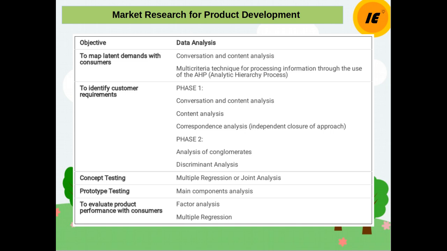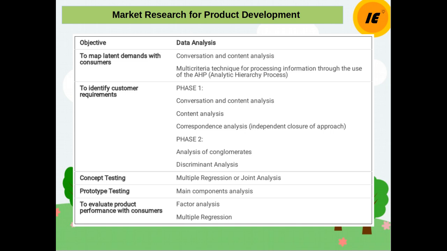Finally, the last step is the data analysis, and here again a lot of technicality. For someone who is familiar with market research, these terminologies will be very familiar, but not for me and probably not for most people who don't know too much about market research.